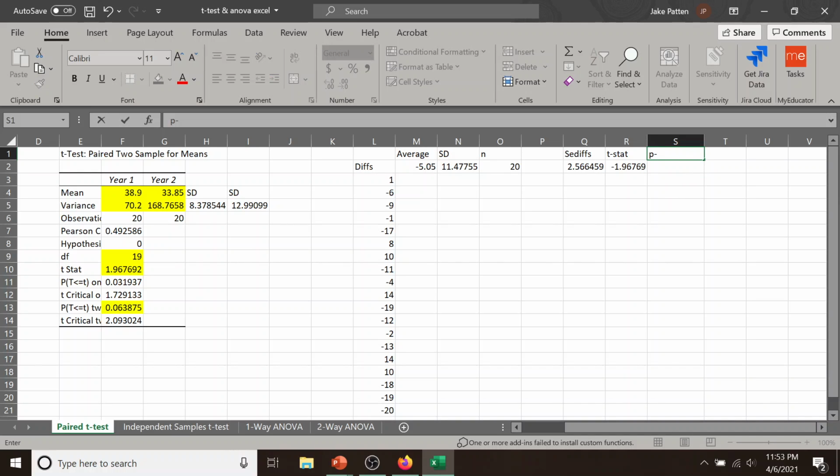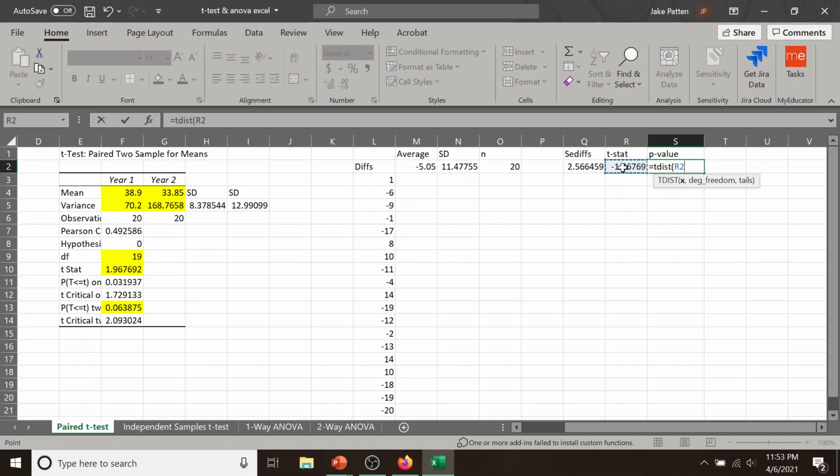All right, so you're also going to want the p-value, and you can get a one- and two-tailed p-value here. For the one-tailed p-value, which you're not usually going to use, although you may on the homeworks, you're going to type in an equal sign and write out T.DIST. X is usually the mean, but in this case, for the T.DIST function, it's actually talking about the t-stat.